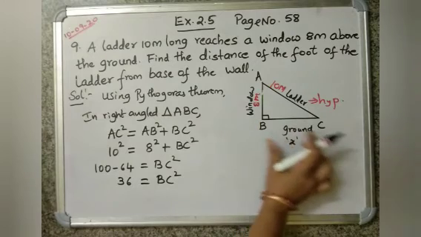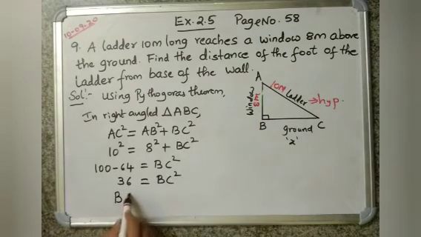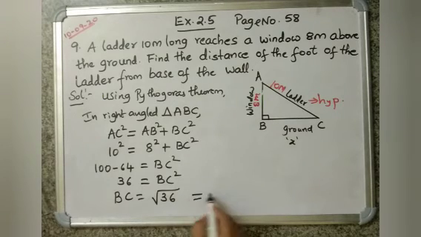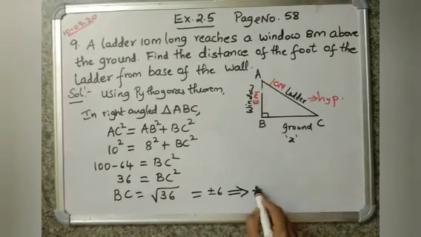Here I want only BC, not the square. So BC is equal to square root of 36. Square root of 36 is plus or minus 6, isn't it? But we are taking only the plus value.